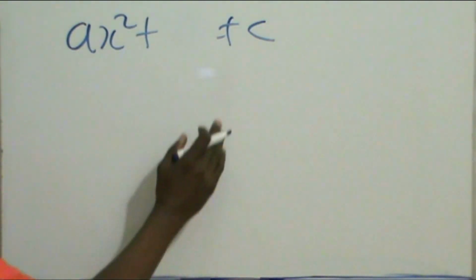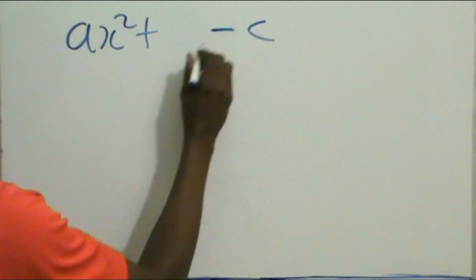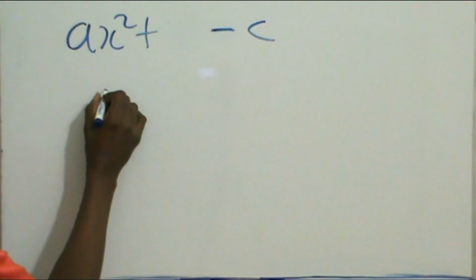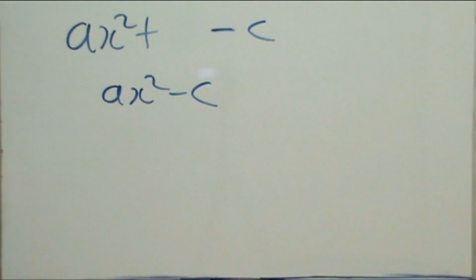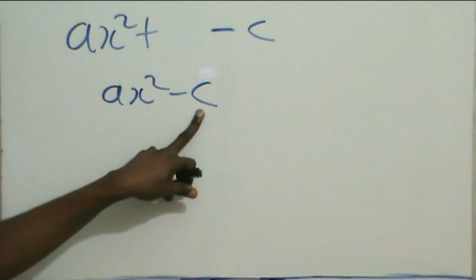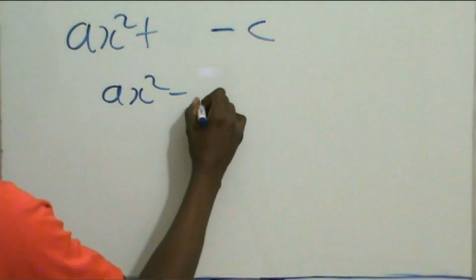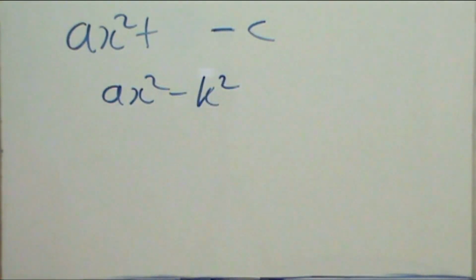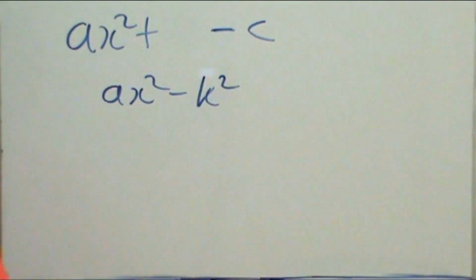And if the constant c is negative, then this will be negative here. So you'll have a quadratic looking like this, ax squared minus c. And of course, if c is a perfect square, then we could express c as, let us say, k squared. Right? So you'll have a quadratic looking like this.